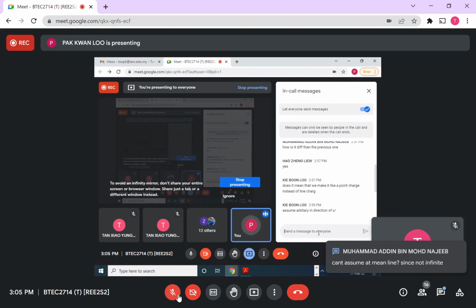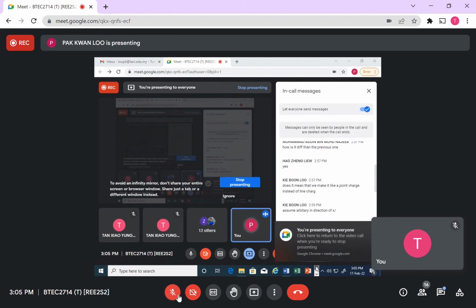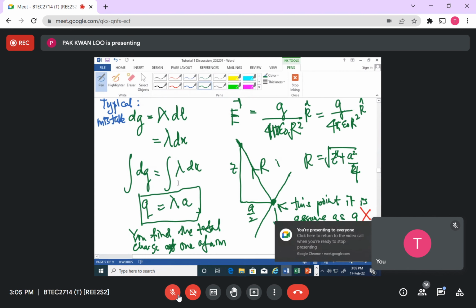We cannot calculate the total charge of the line and then put it at a point on the line charge, because, as I demonstrated earlier, that is the wrong solution here.